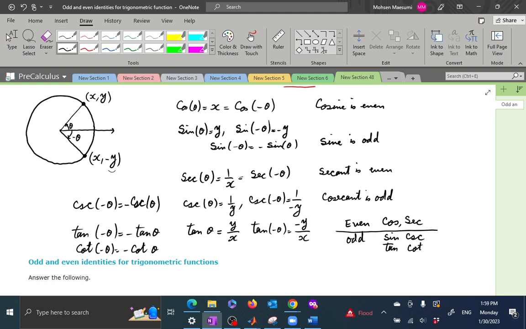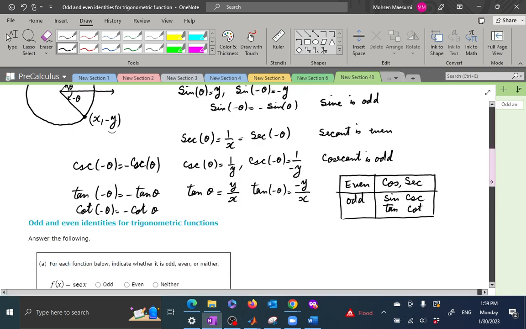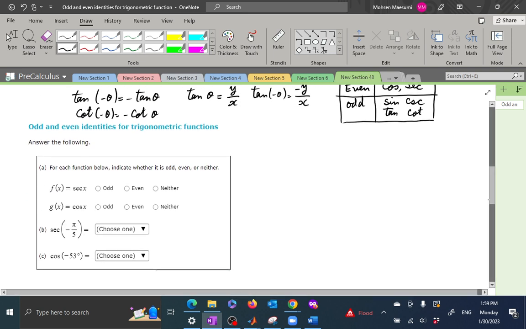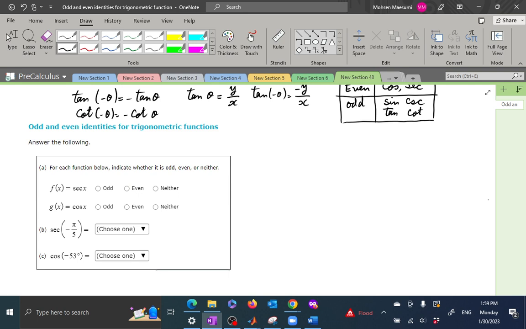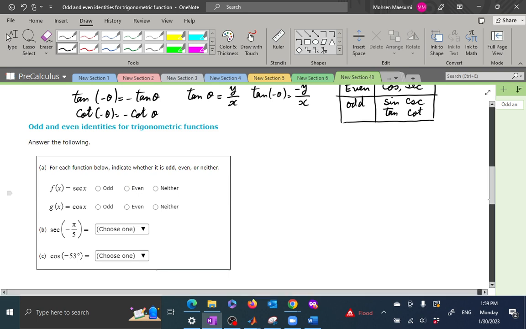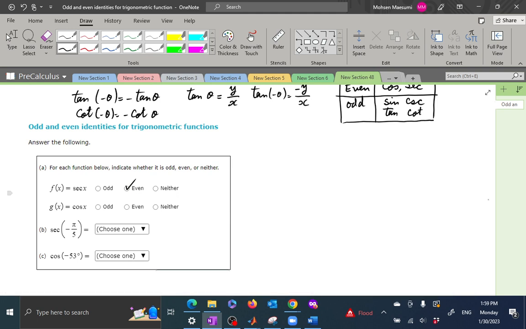So that's a simple description, but the story goes far beyond this simple picture. So what happens here? Secant, what's the deal? So we said secant, just same as cosine, is an even function. Yeah, these two in the same category.